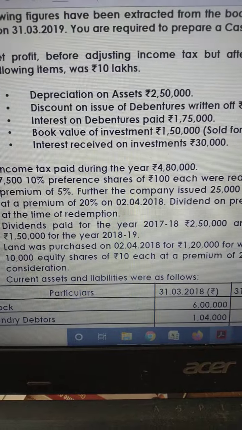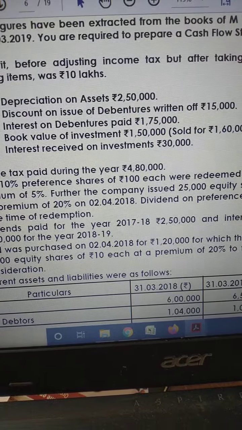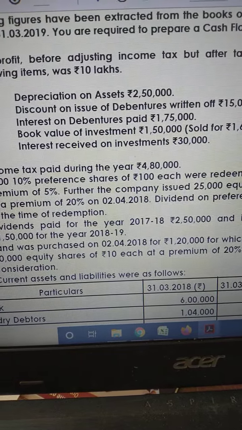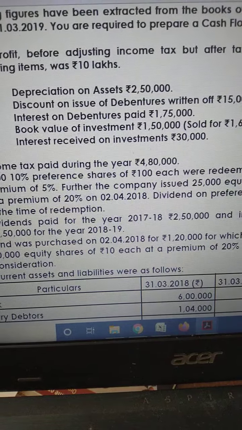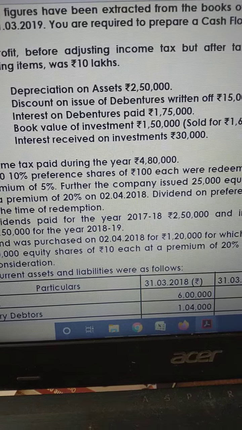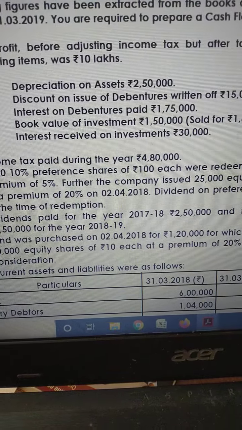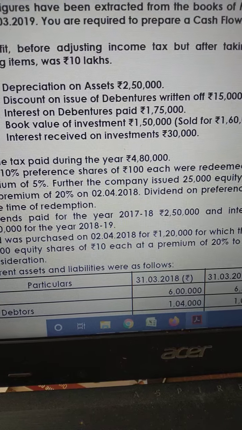Then what about the next item? Discount on issue of debentures written off, 15,000 rupees. Write-off expenses means already incurred. Now we are writing off in the books of accounts. In the present year nothing is incurred. It is already incurred or already accounted. Now every year we are debiting one amount from the P&L account, amortization.